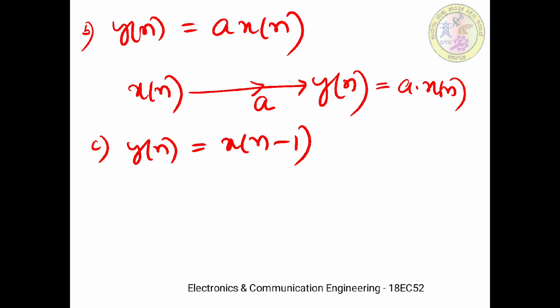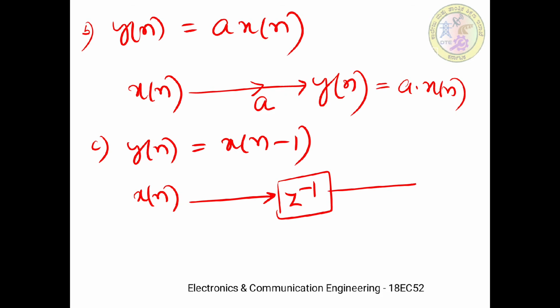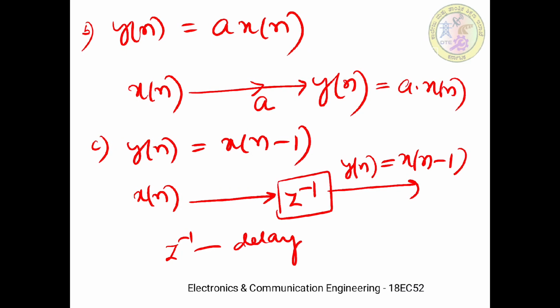To illustrate such a system, we can write a block diagram like this. I have x of n, and the delay is represented by z inverse, and then this is y of n, which is equal to x of n minus 1. The use of this symbol z inverse denotes the delay.